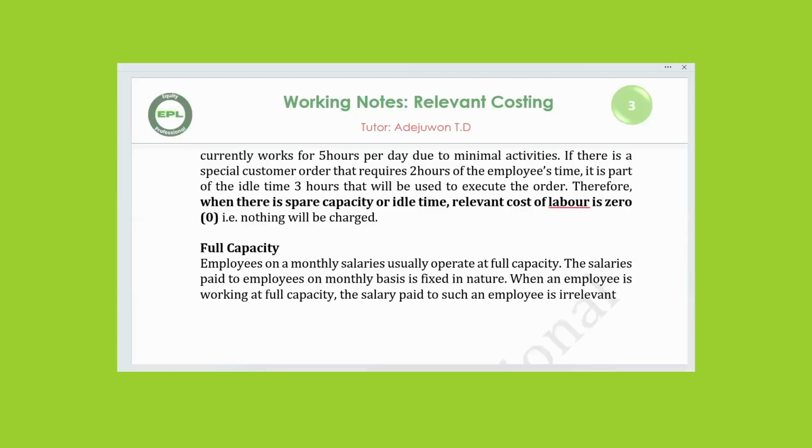The only relevant cost at full capacity will represent the cost of diverting resources.